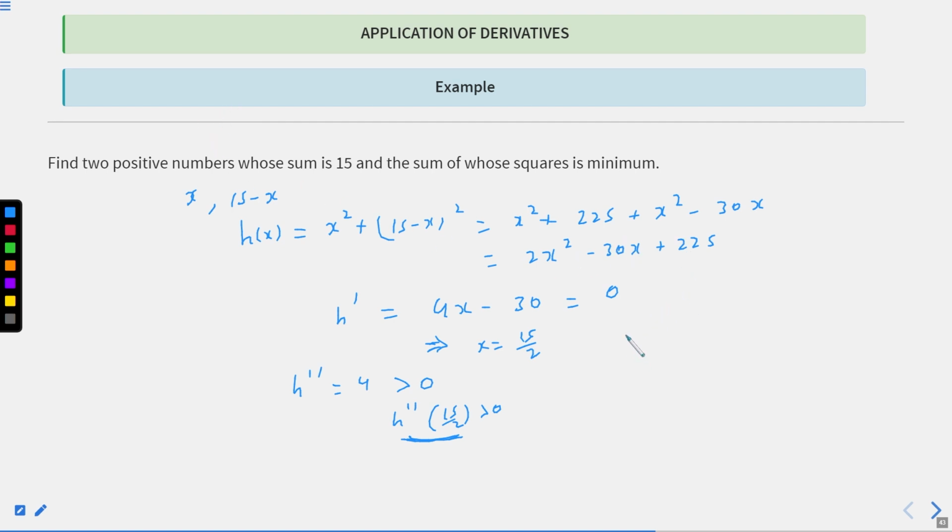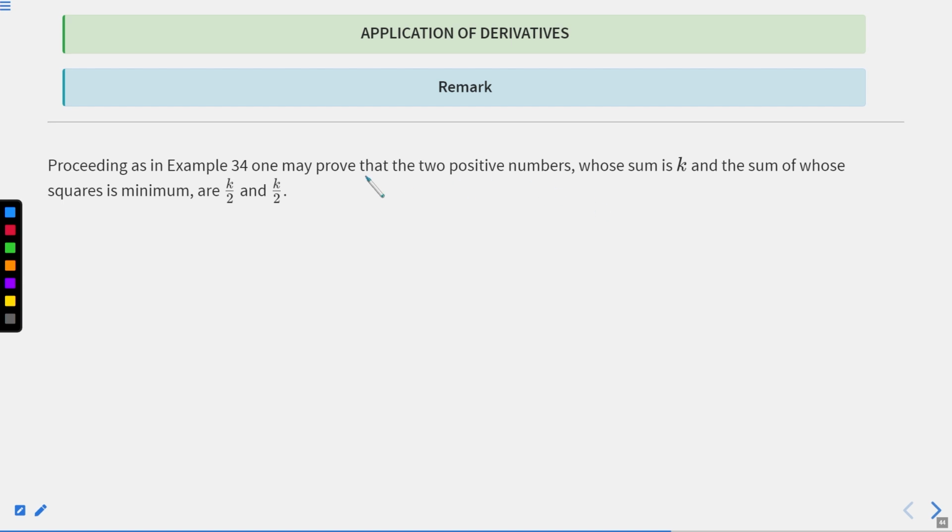Let us move next. Now, remark: as we just saw in the example, one may also prove that the two positive numbers whose sum is k and the sum of whose squares is minimum are k by 2 and k by 2. As you just saw, 15 by 2 and 15 by 2, both will be the same.